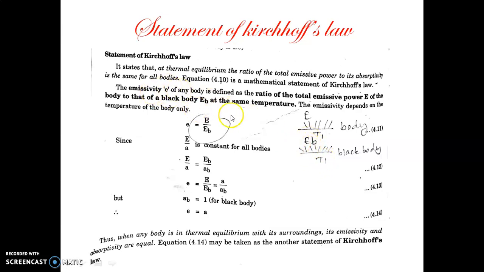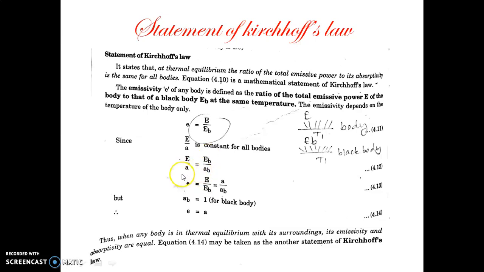So emissivity is equal to E upon EB. You just take the ratio of these energies. We already know that E by A is constant for all bodies. So we can write E by A is equal to EB upon AB, and we know that the emissivity e is equal to E upon EB.